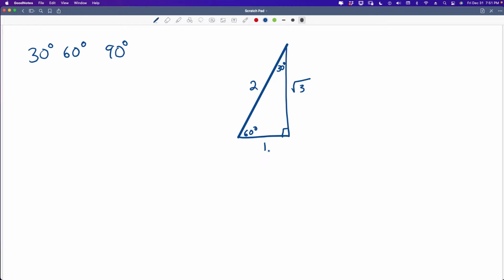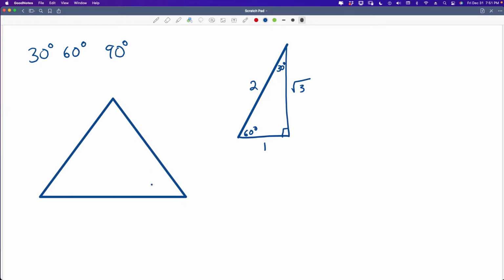Sometimes we forget the lengths of the sides of this triangle and forget which length goes where. If we can remember to begin with an equilateral triangle, and an equilateral triangle is just, oops, my pen messed up. Sorry. Sometimes when I draw backwards, like with a triangle, it does that. Let me try again. An equilateral triangle is one where all the sides are the same.